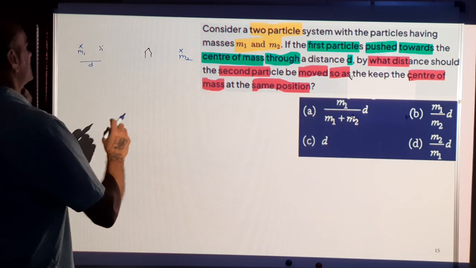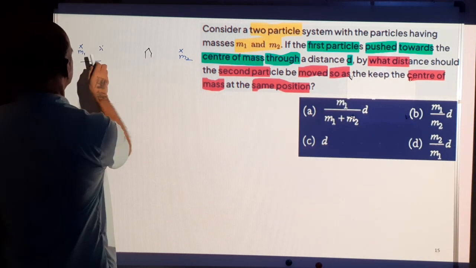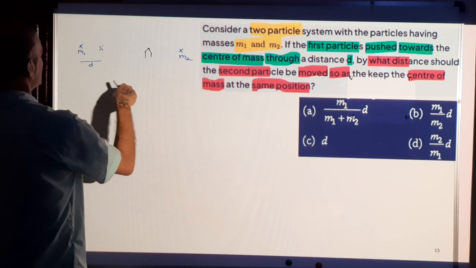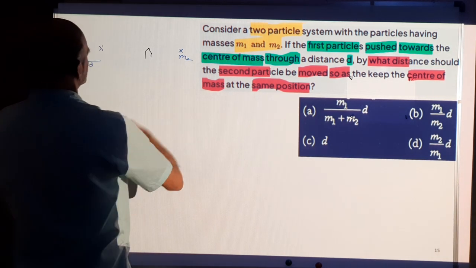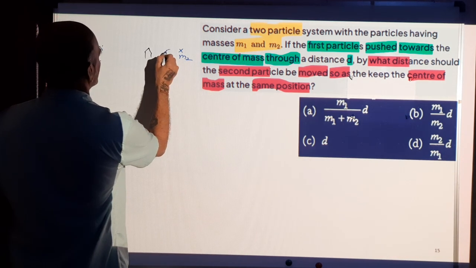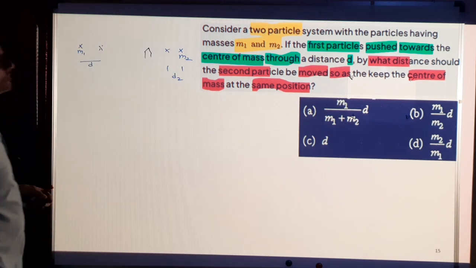Since the balance point has to be maintained, once this has come in, this torque has reduced, so it will try to tilt this way. So the second particle should also come in by a distance, say d2, which you have to find out.